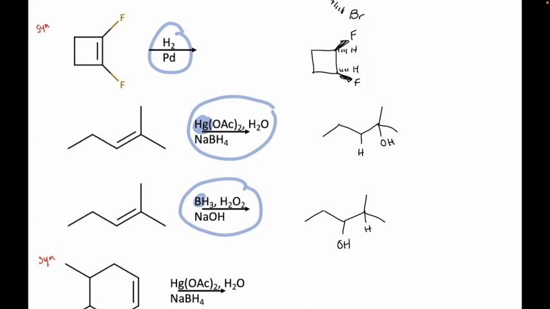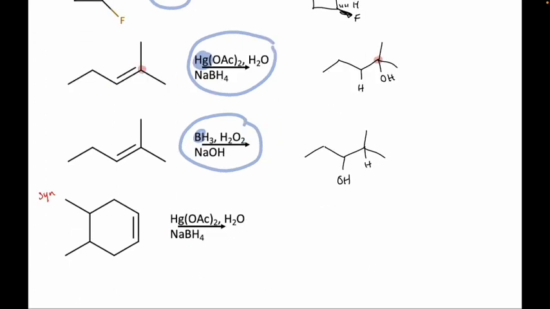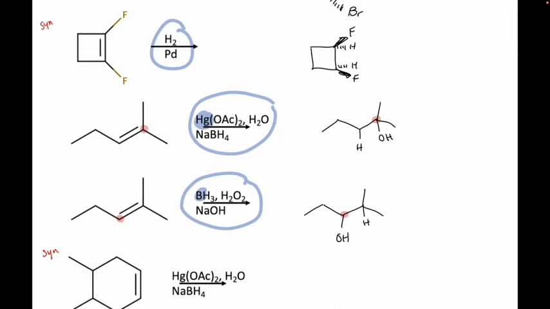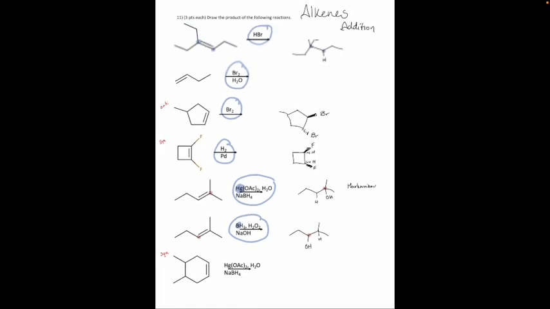And so the difference here, and this illustrates something that we had to know about each of these reactions, is for the mercury, the OH group is added to the more highly substituted carbon, whereas for the boron, it was added to the less highly substituted carbon. We had this special name for reactions that add to the more highly substituted carbon. What was that? Some Russian dude? Markovnikov, right? And so that was true for a lot of these reactions. We had to know whether it was Markovnikov. So for example, this one up here, I didn't even explicitly say it, but that was another one.